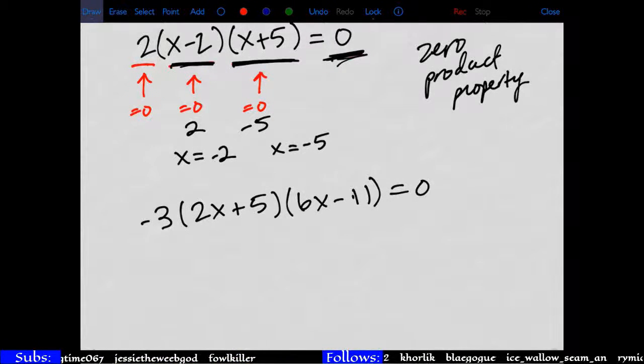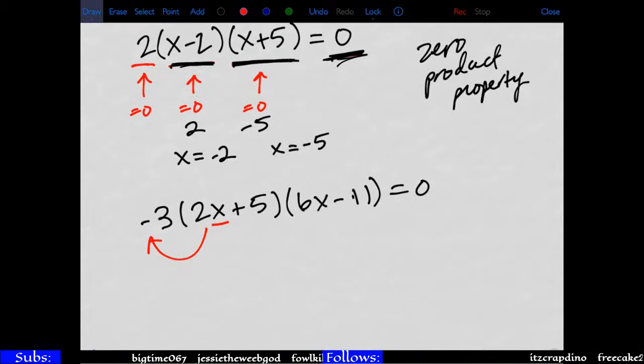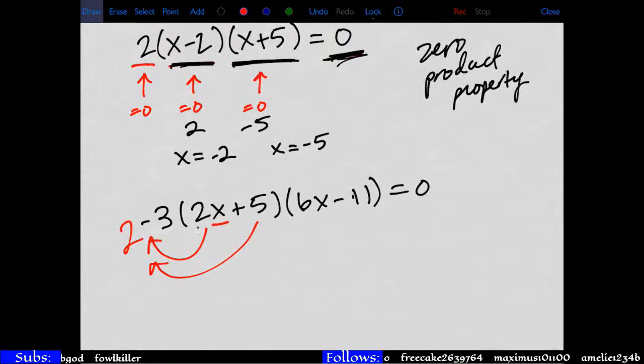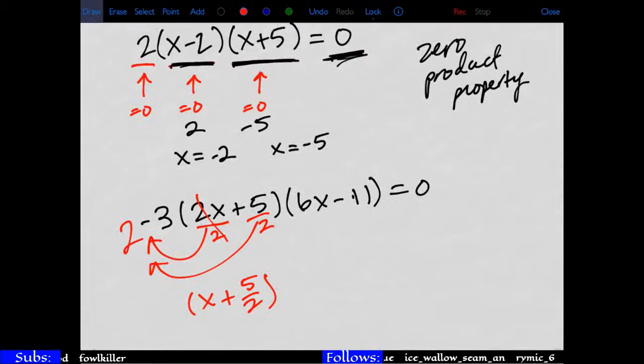You've got two options here. You can either, one, get this 2x to be just x by factoring out a 2 from both of these. So you'd get a 2 out front, and each of these would be divided by 2. And then it would look like this. You'd have x, 2's cancel, so you'd have x plus 5 over 2. And now it's easy to see what makes that 0. It's just negative 5 over 2.